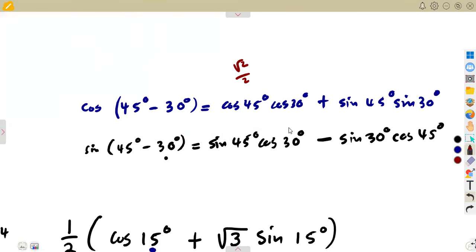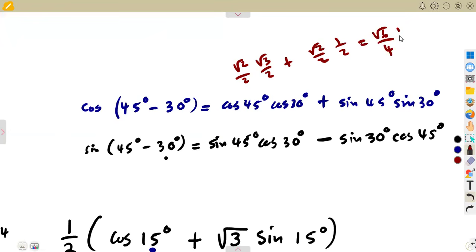Everything you substitute directly. So the cos of 30 is supposed to be just like the sine of 60. Remember, cos 30 and sine 60 are the same. So it is square root of 3 plus this one, square root of 2 over 2, sine 30. It's 1 over 2. All right, you multiply this, that will be square root of 6 over 2 times 2, which is 4.